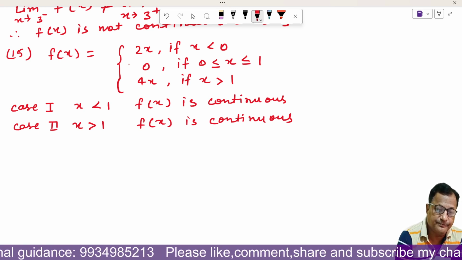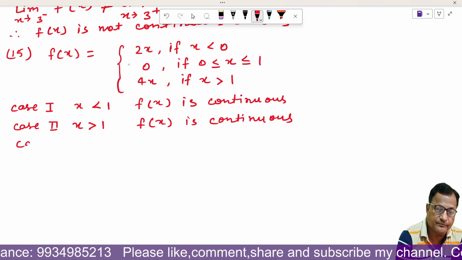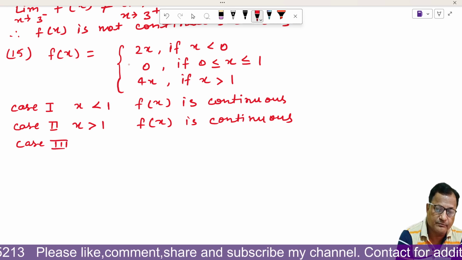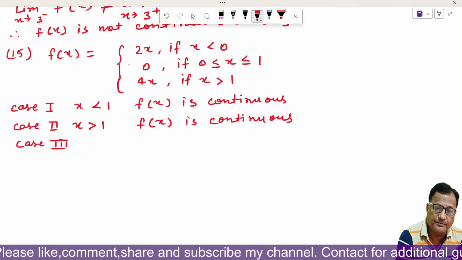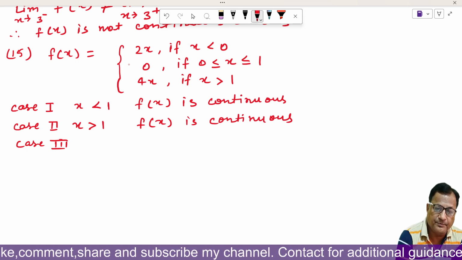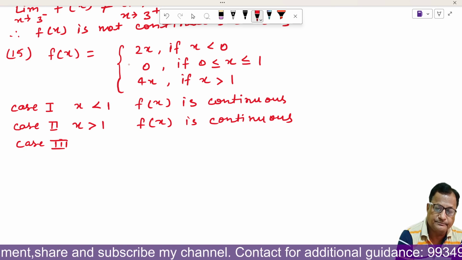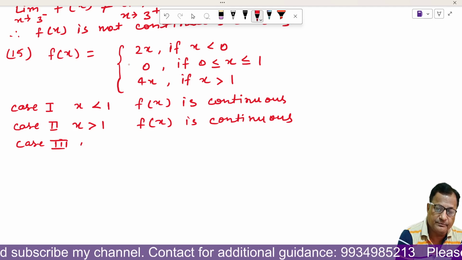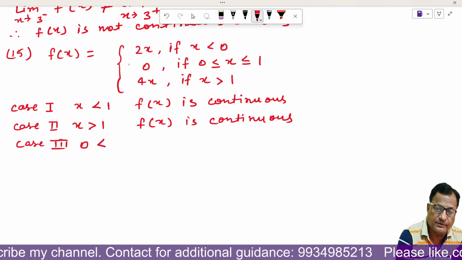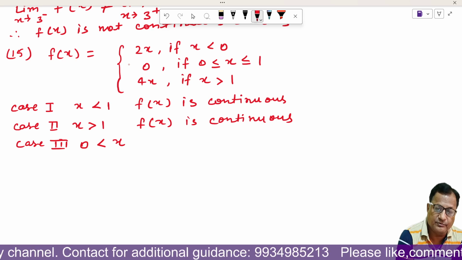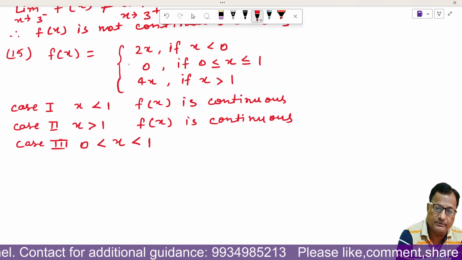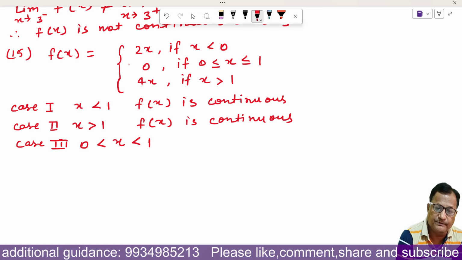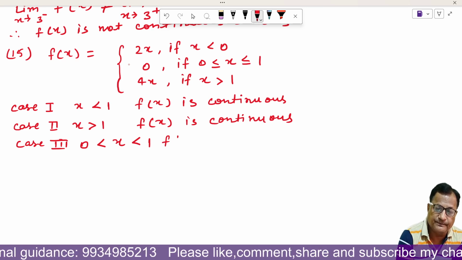Case third, x greater than 0 and less than 1. So in this also f(x) is continuous.